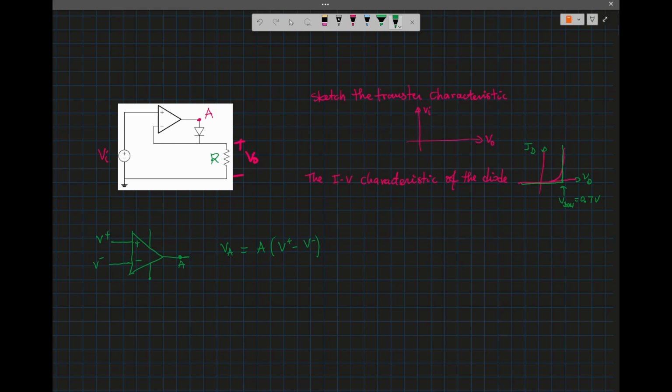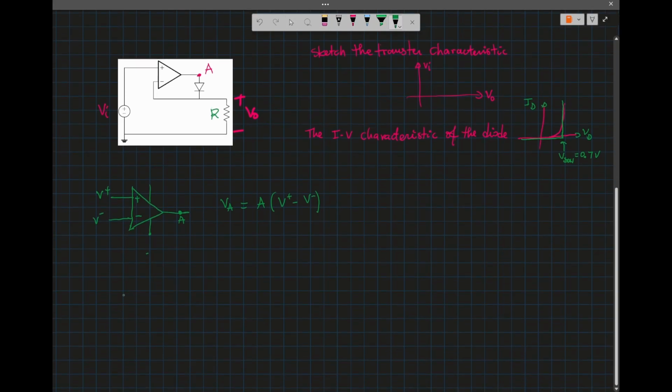VA will saturate depending on the sign of the difference between the positive voltage V plus and V minus. So when we look at the network, when VI is positive, then VA, based off the network that you see above.